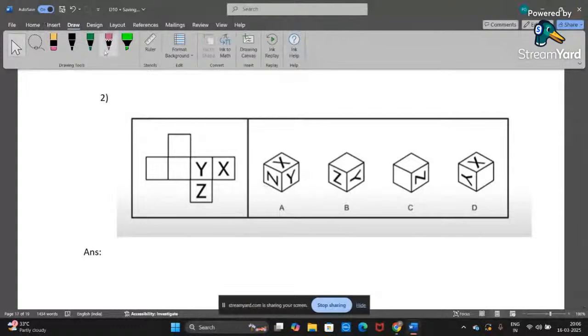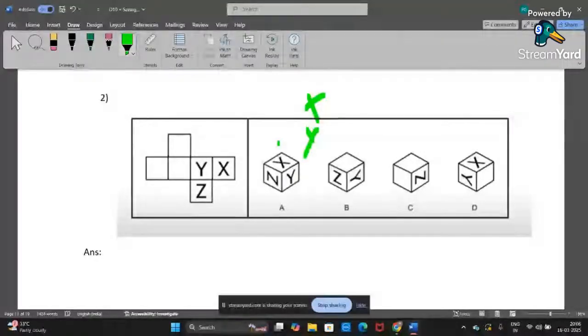So X, Y, Z. See, this Y should be like, in this you can analyze that X is like this and Y is like this, right?